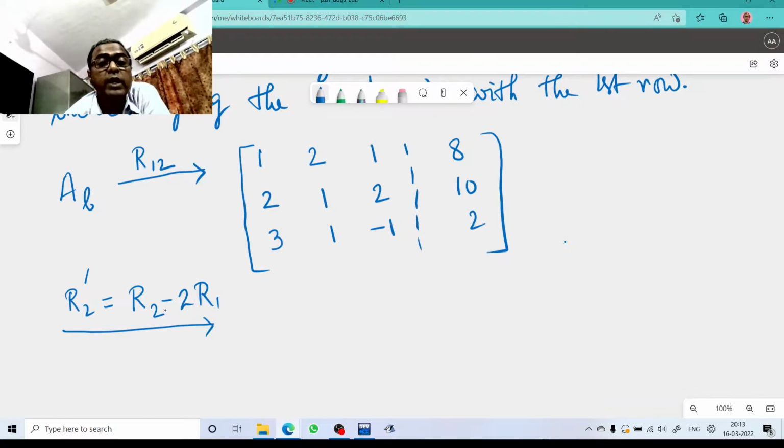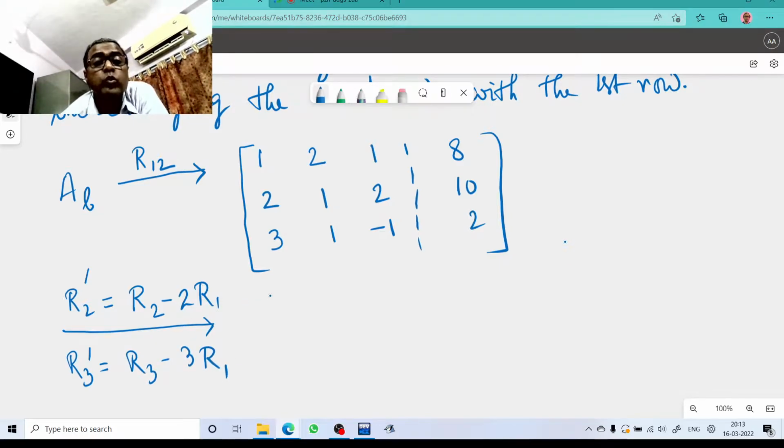We multiply minus 2 with the first row and then add with the second row, and we get the new second row. And similarly, R3 dash equals R3 minus 3 R1.